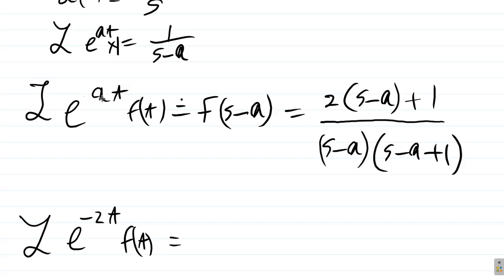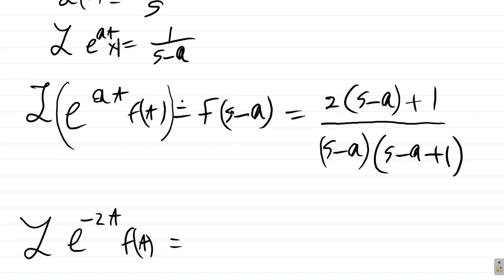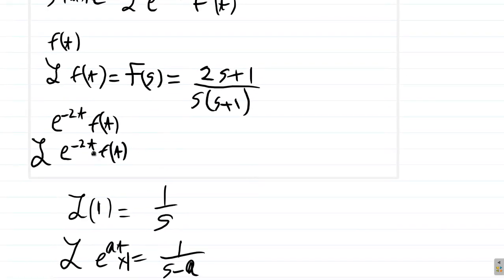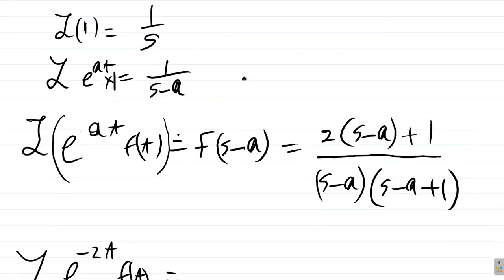Now look at this, we have the Laplace transform of e^(-at) f(t) is F(s minus a). So the Laplace transform, in this case our specific f(t), involves negative 2.